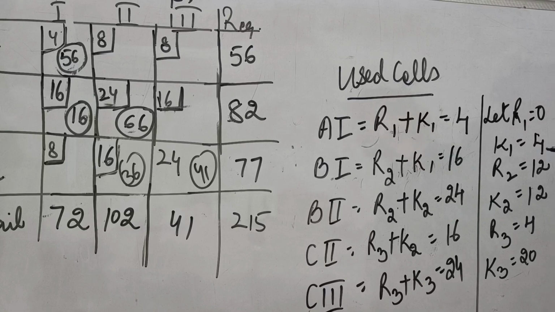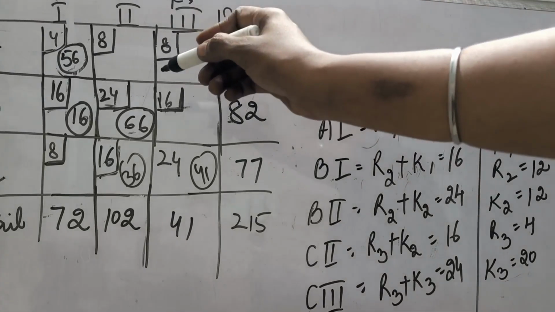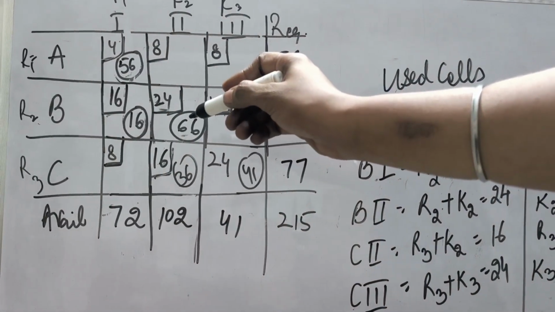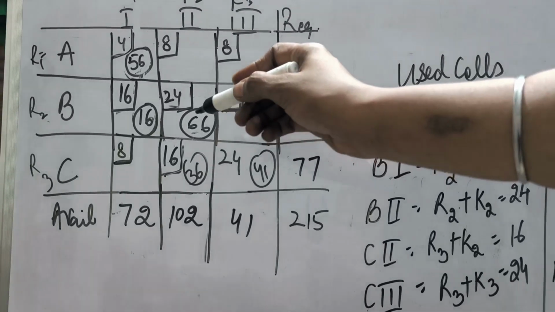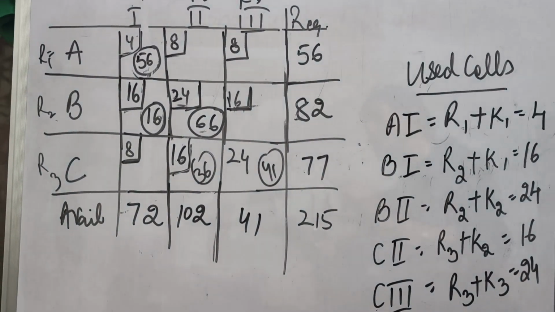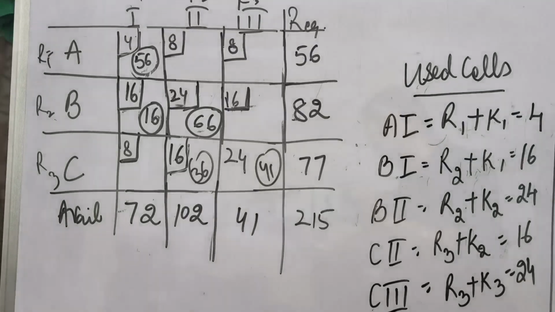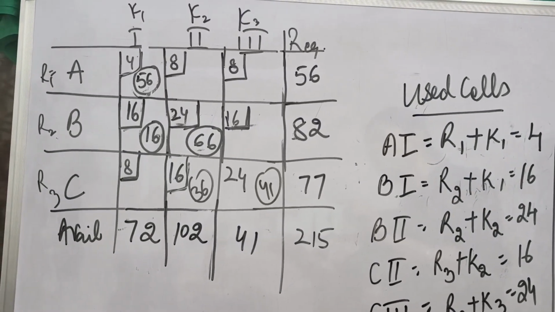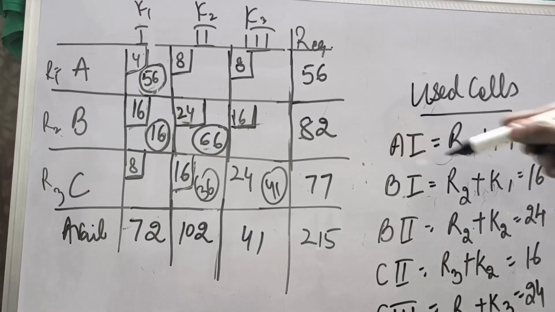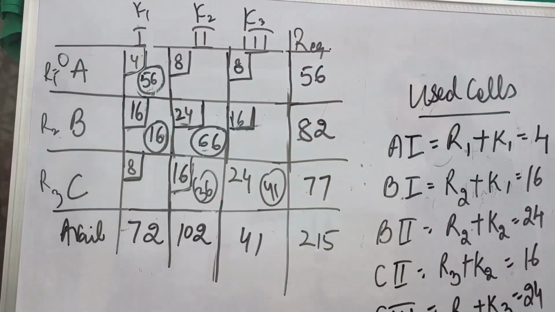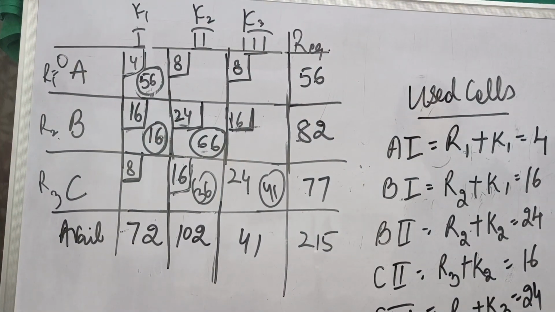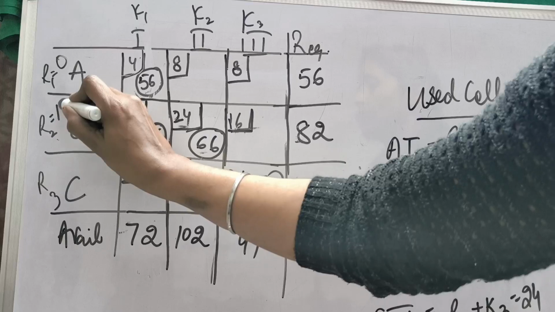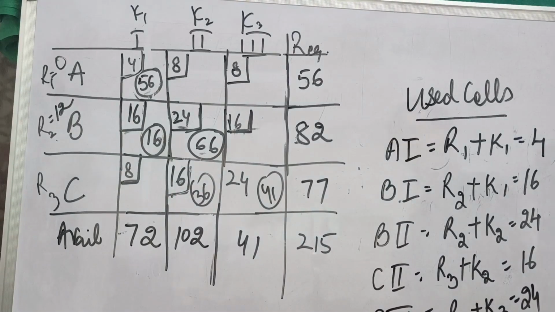And once you receive these values, just put them in the table where we have written R1, K1 like that. So from our calculations, R1 has come out to be 0. Just write it like this. R2 has come out to be 12. We will write it here.